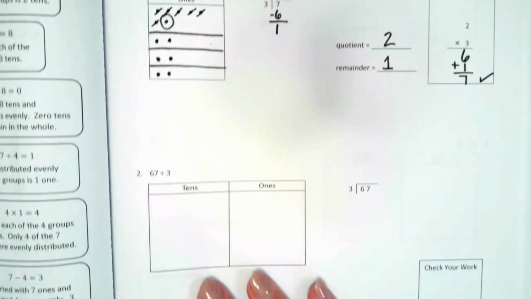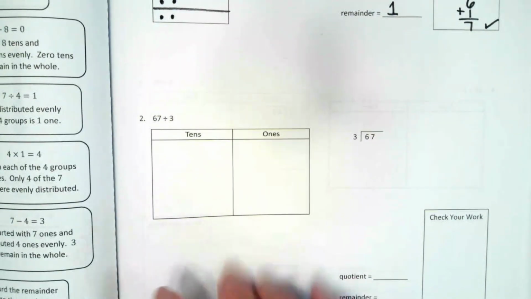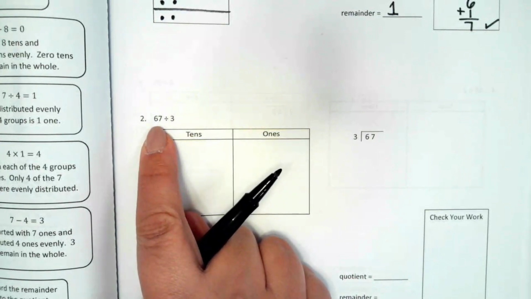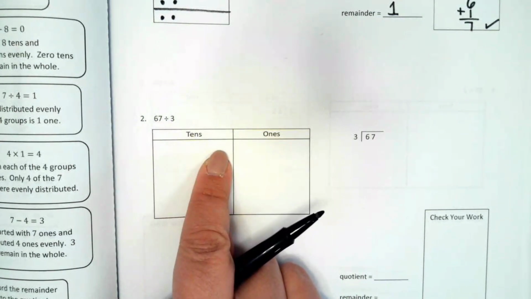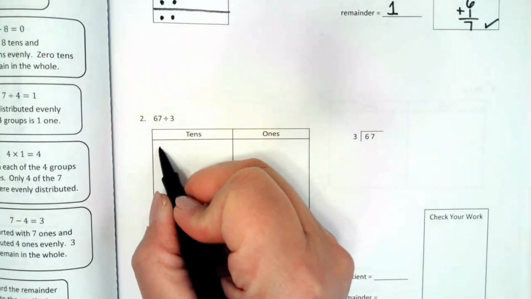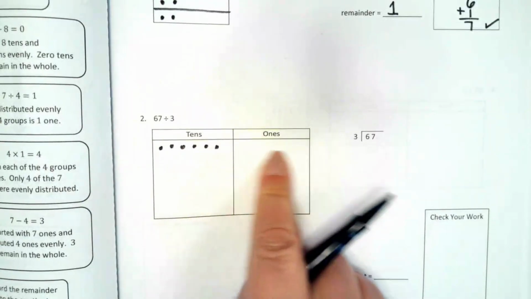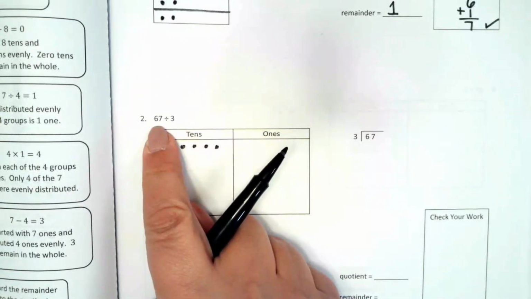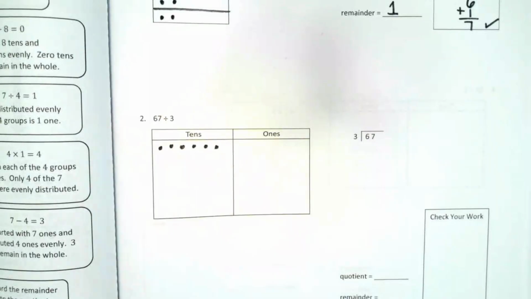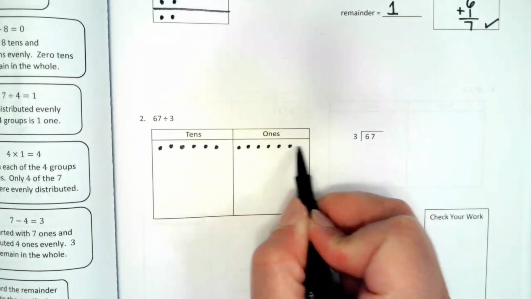Now let's try number 2. This one has 10s and 1s. We need to make the number 67 with our discs. How many 10s discs do we draw? We need 6 10s. And now we do the 1s. How many 1s? 7. 1, 2, 3, 4, 5, 6, 7.